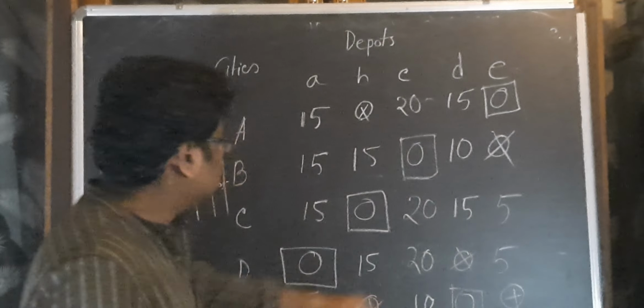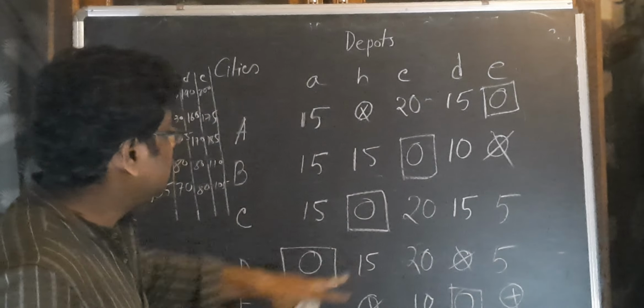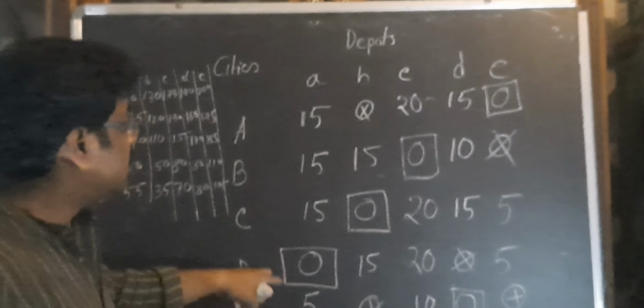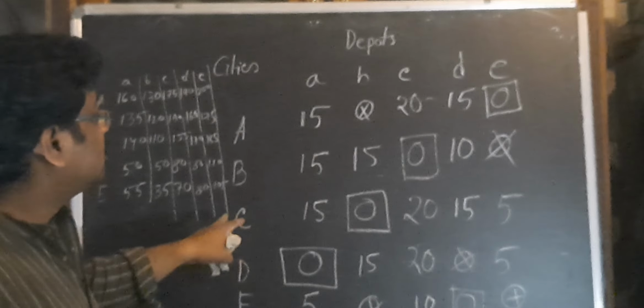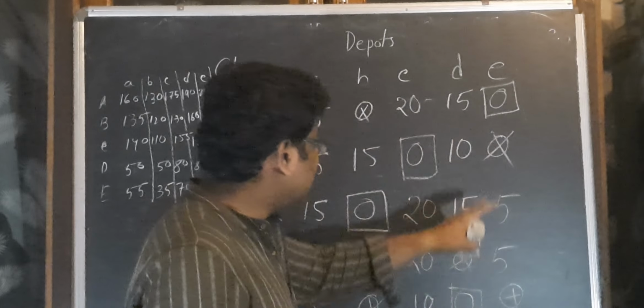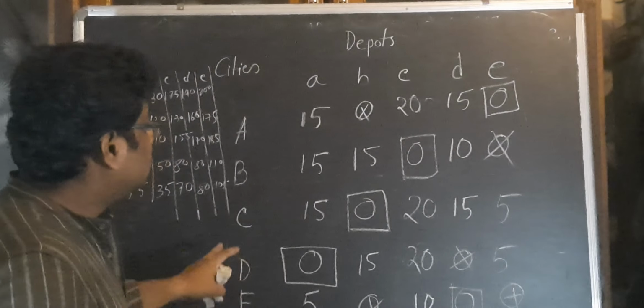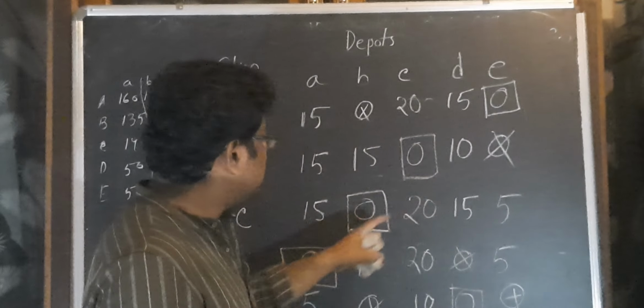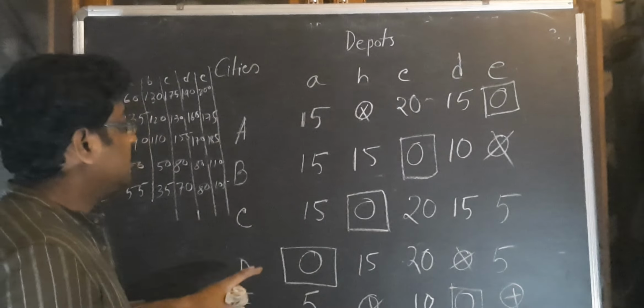In this table there is no unmarked zero. So this is our assignment, and by using these boxes we can have the solution.